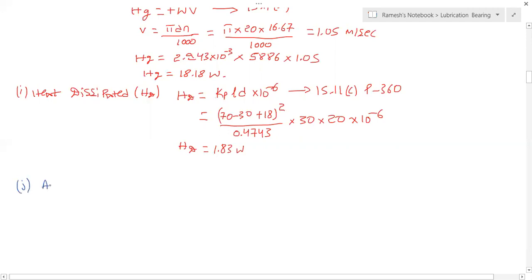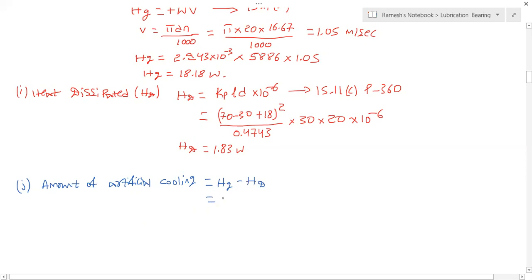Therefore, the next step is to find the amount of artificial cooling. In this case, the amount of artificial cooling is equal to heat generated minus heat dissipated.